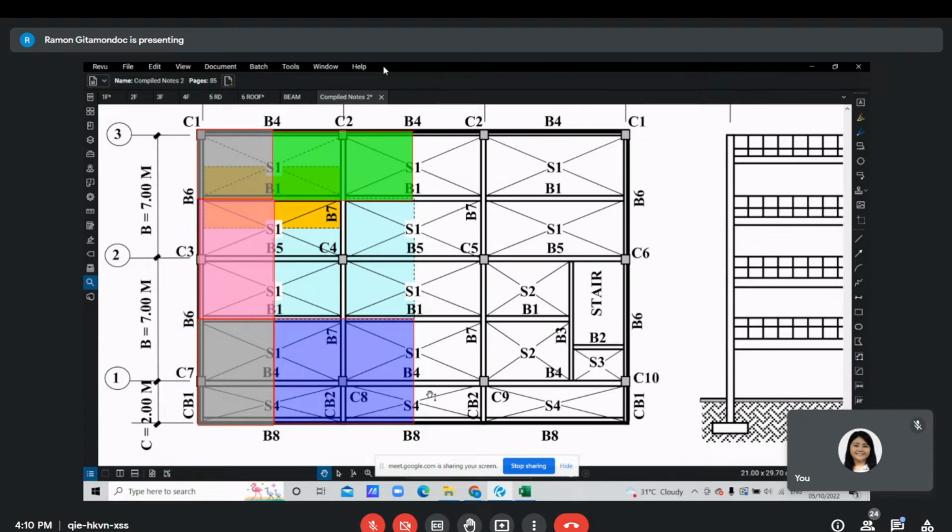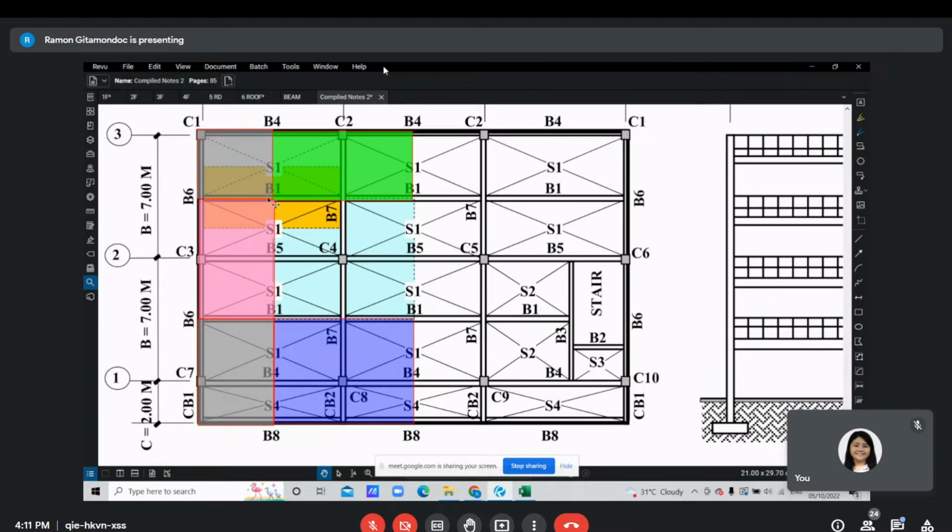Like for example, if we look at column C1, no? So ang kaning portion sa slab fill, no? So kung pito na yung pila weight niya ng part sa slab, kaning part sa beam B4 and part sa beam B6, then even part of beam B1, no? Like kanang B1, it is located at the midway between C1 and C3, no?